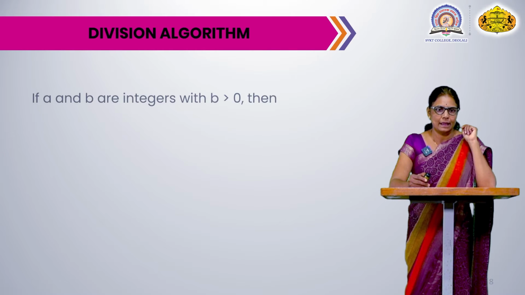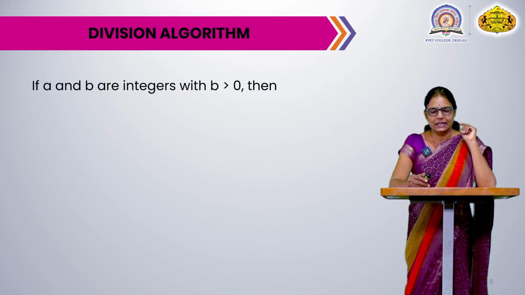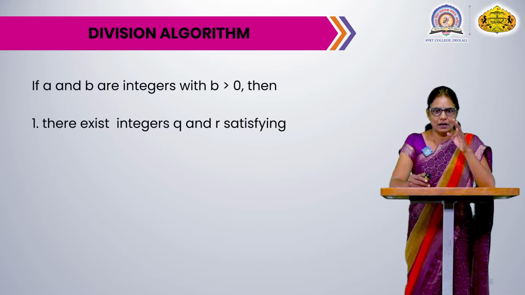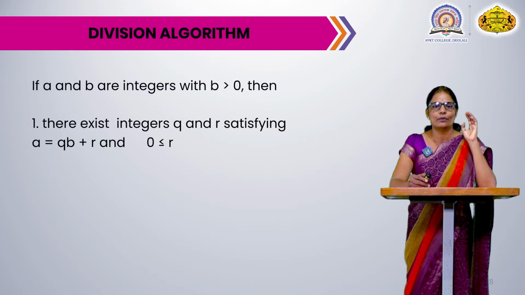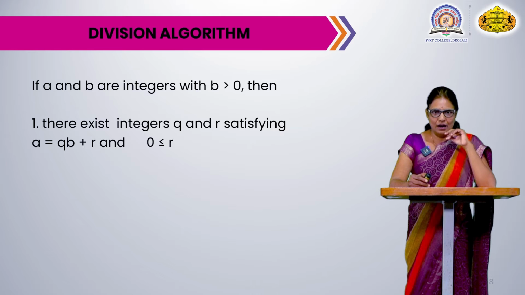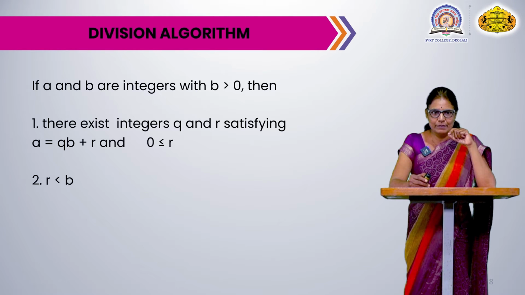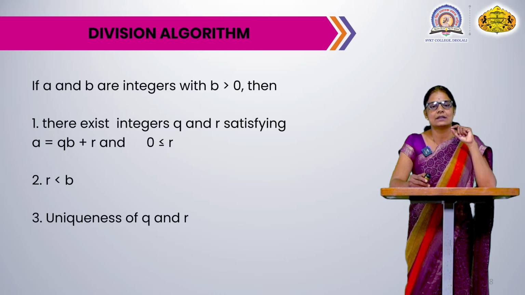In the first step, given that a and b are integers with b greater than 0, we will prove there exist integers q and r satisfying the equation a equals bq plus r with 0 less than or equal to r. In the second step we will prove r is strictly less than b, and in the third step we will prove the uniqueness of the integers q and r.